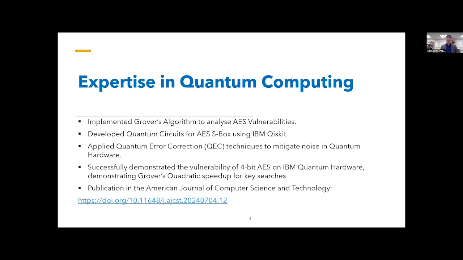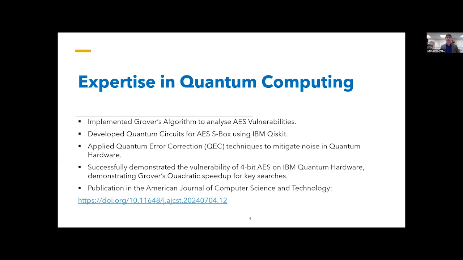We took only 4-bit AES, and using the resource we have at the moment, IBM quantum hardware, we managed to break that 4 bits, showcasing Grover's algorithm's quadratic speedup. Grover's algorithm allows you, instead of searching the whole space of 128, to bring it down to 64, which is quite an achievement.